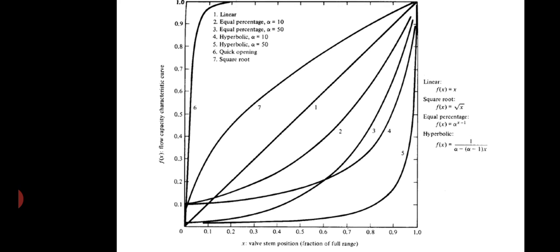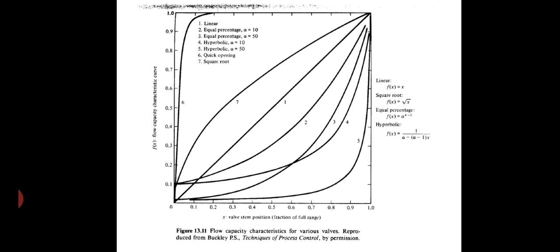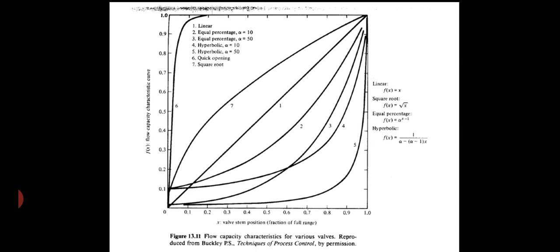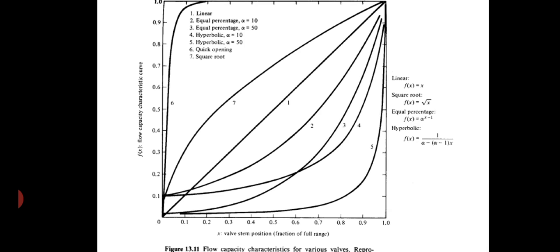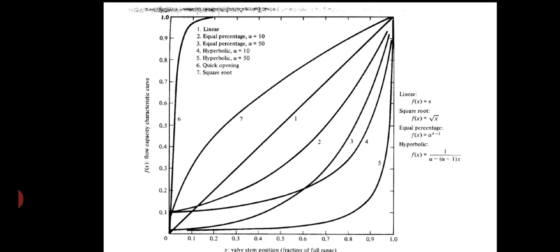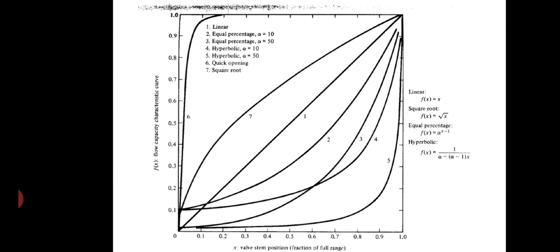Basically you can see from this picture, this picture is taken from Stephanopoulos. We have referred to the Stephanopoulos book here. You can also refer to the Coughanowr and Seborg book, but I have taken this picture from Stephanopoulos, right? So you can see the characteristic curves are defined in terms of some relationships.